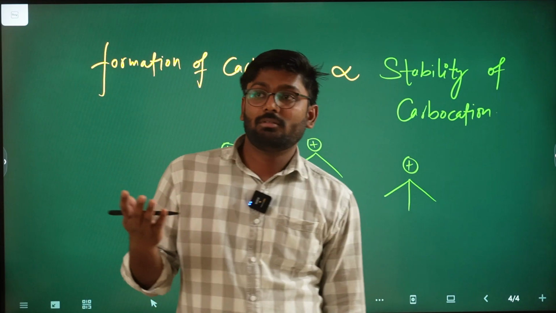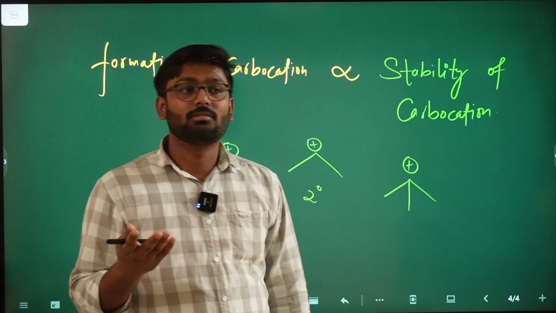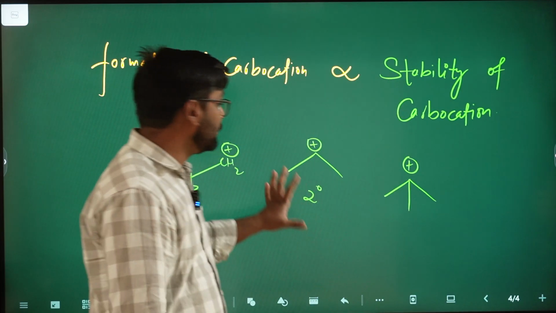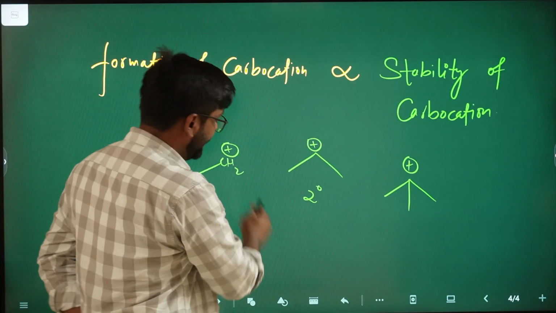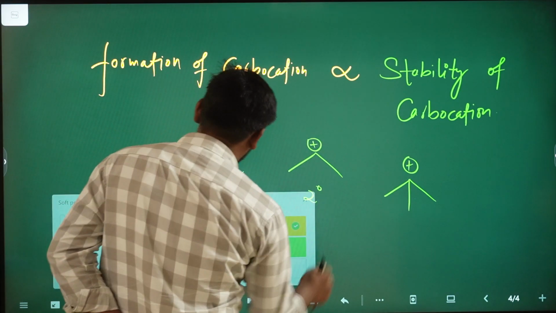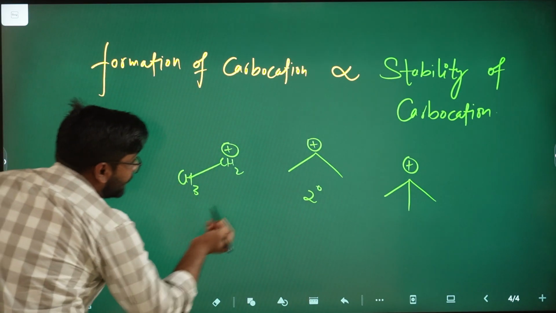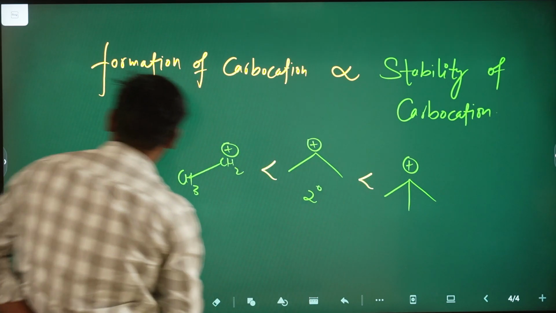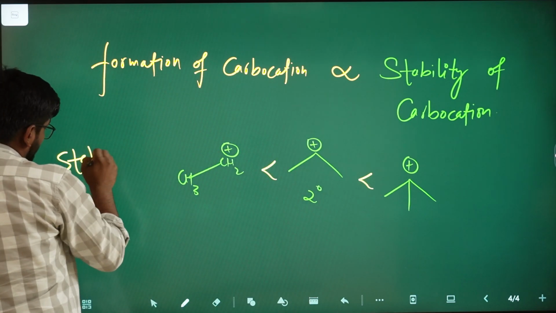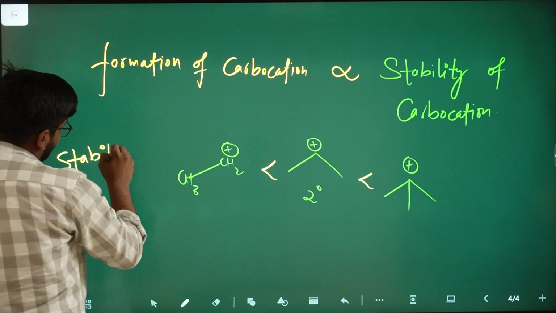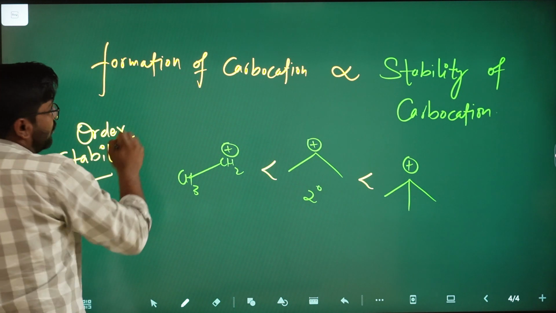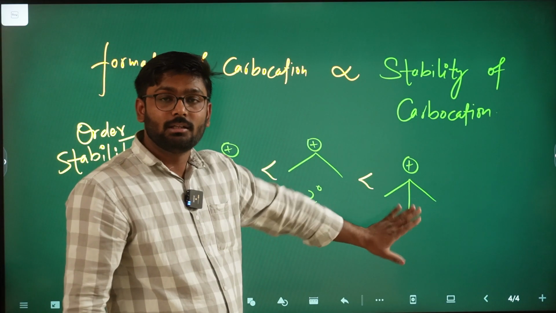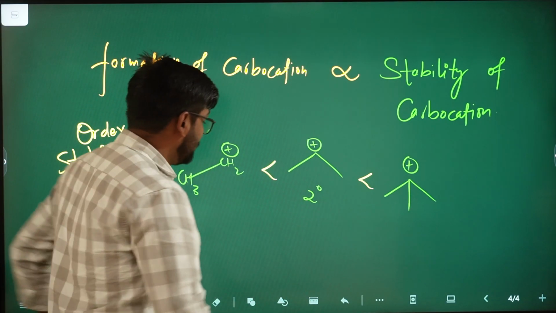If we see on the basis of GOC, then we know 3 degree carbocation is more stable than 2 degree, which is more stable than 1 degree. This is the order of stability. If this is more stable, then this will form first.